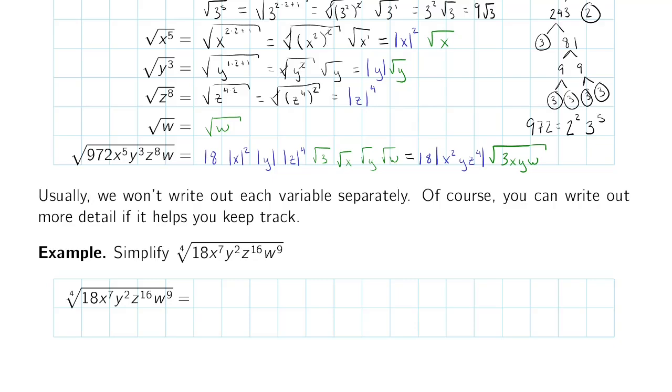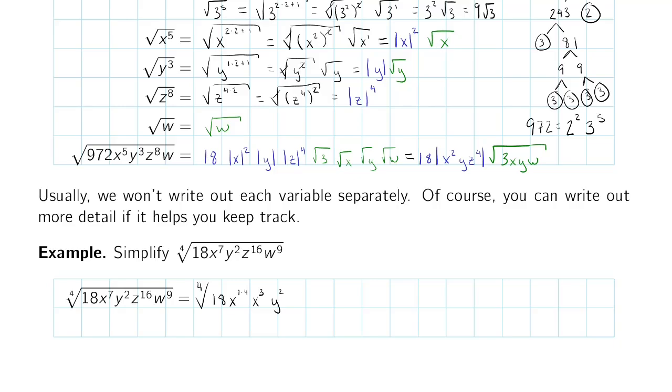And I'm going to start by writing that as the 4th root. 18 doesn't have any perfect 4th power factors, so I'm just going to leave 18 as it is. x to the 7th, that's x to the 1 times 4 times x to the 3rd. Right, 4 goes into 7 one time with 3 left over.